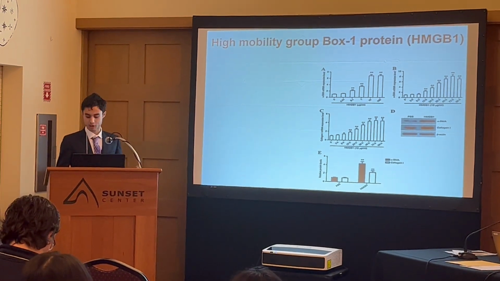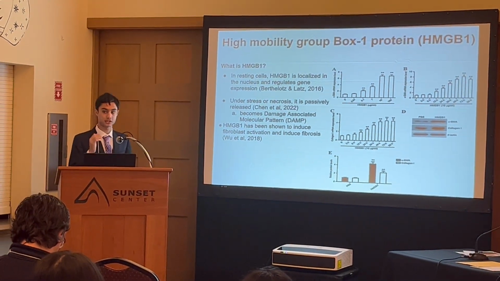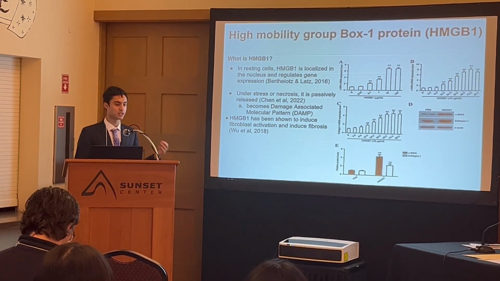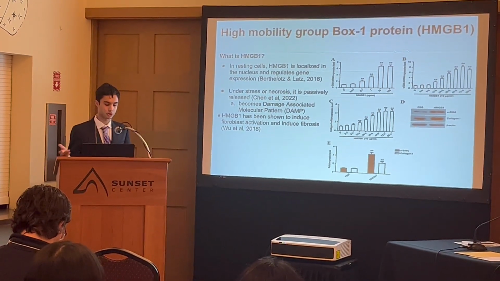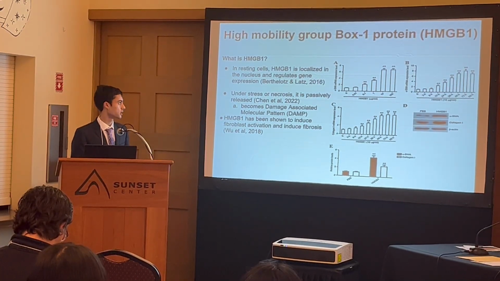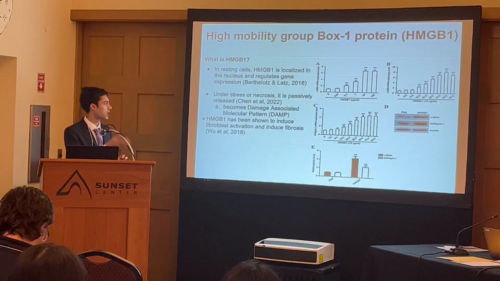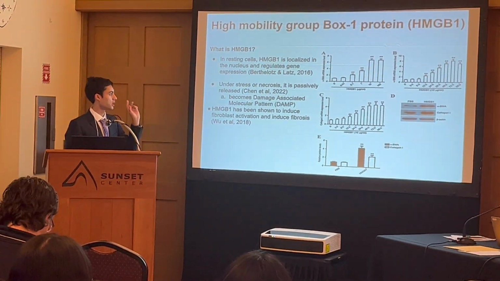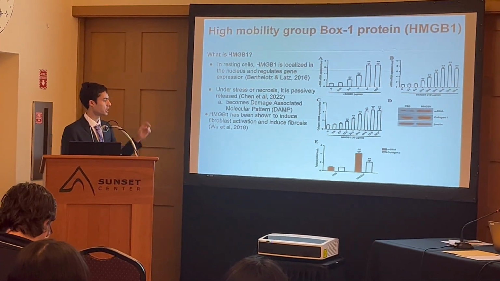So what is HMGB1? HMGB1 is in essentially every resting cell, and it is localized in the nucleus and regulates gene expression. But when the cell is under stress, it becomes passively released, and it becomes a damage-associated molecular pattern. So you may ask, what is its relation to fibrosis? As we can see here in figure A especially, the y-axis shows mRNA expression of fibrosis genes, and the x-axis is HMGB1 concentration.